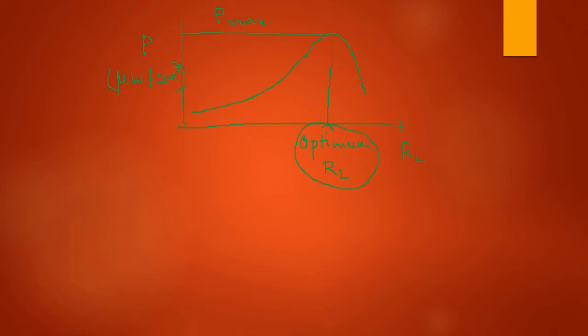Now we are talking about the practicality of the circuit which we are dealing with. As I told you, theoretically VOC is the open circuit voltage, so in this case your RL is infinity, right? And short circuit current, how do you measure? Short circuit current you measure when the load resistance is 0.